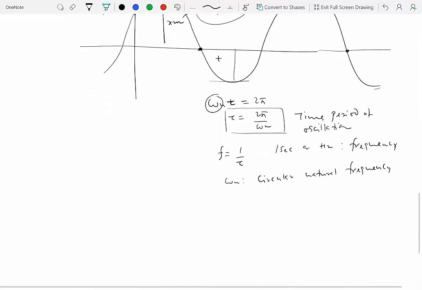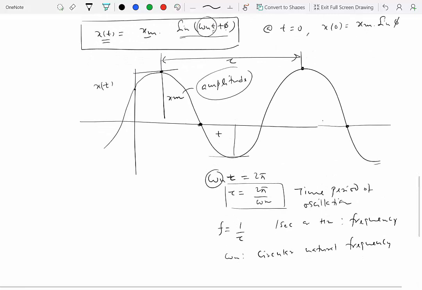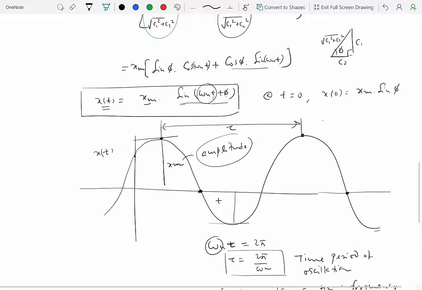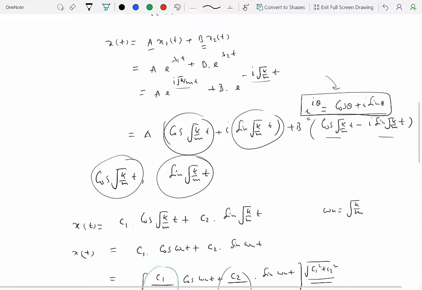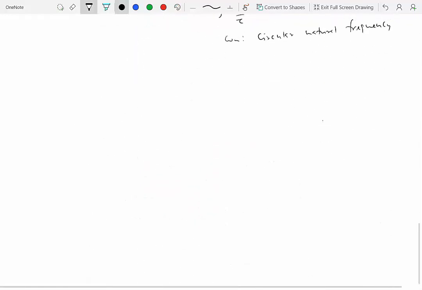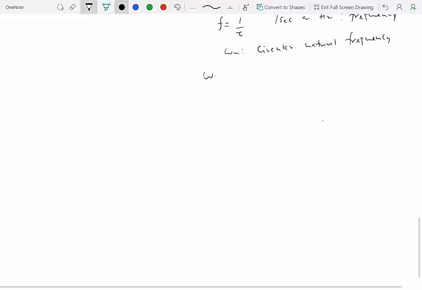This is called circular natural frequency because this frequency arises naturally from the system, and it is only dependent on the system parameters like the mass as well as the spring constant. And we have already seen that omega n is defined as square root of k over m. So let me write this again over here: omega n is equal to square root of k over m.